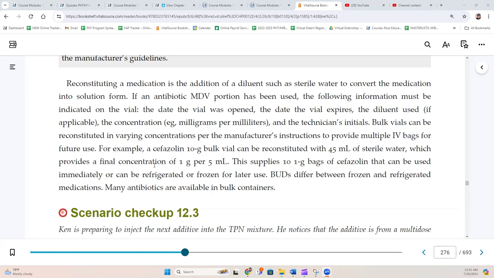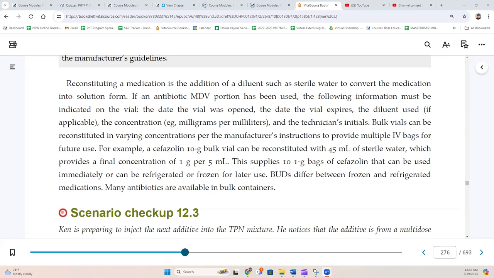Bulk vials can be reconstituted in varying concentrations per the manufacturer's instructions to provide multiple IV bags for future use. For example, a cefazolin 10-gram bulk vial can be reconstituted with 45 ml of sterile water, which provides a final concentration of 1 gram per 5 ml.